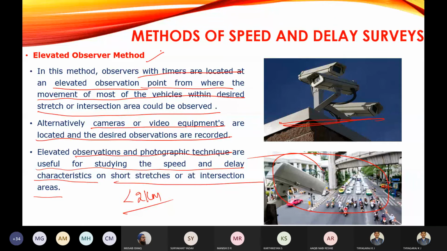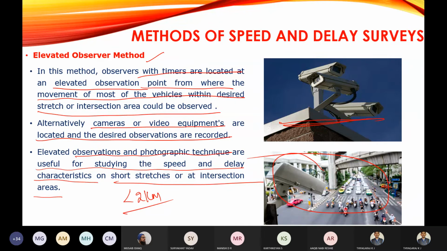So in this method, simple, remember, observers with timers are located at elevated observation points. They will be observing the vehicles and noting down the time of arrival and time of departure in that road stretch. Whenever observers are not available, you are going to install CC cameras.